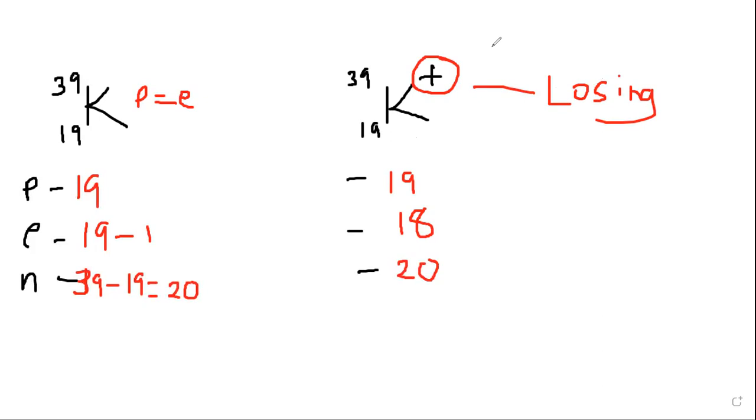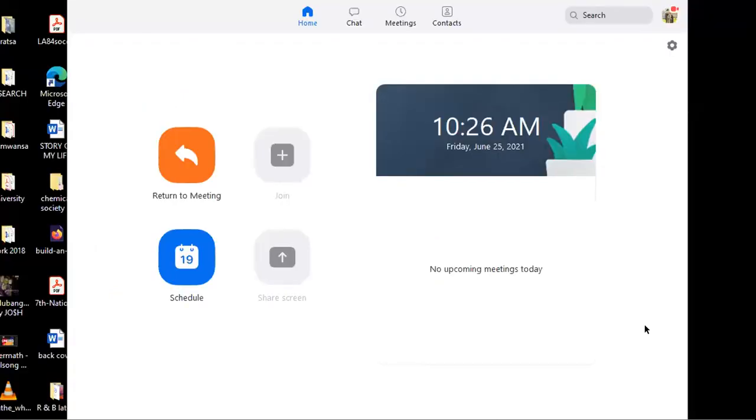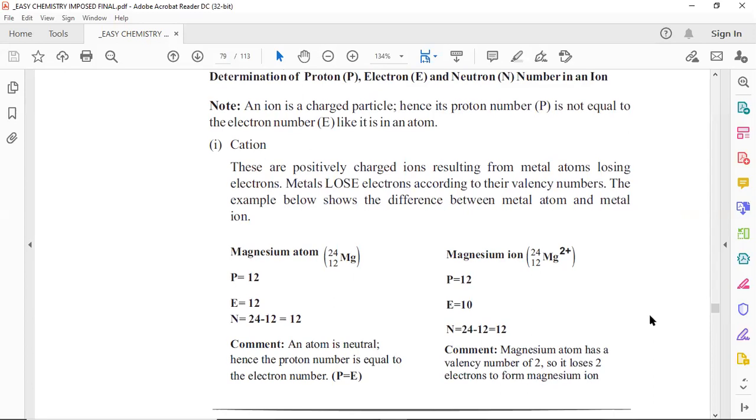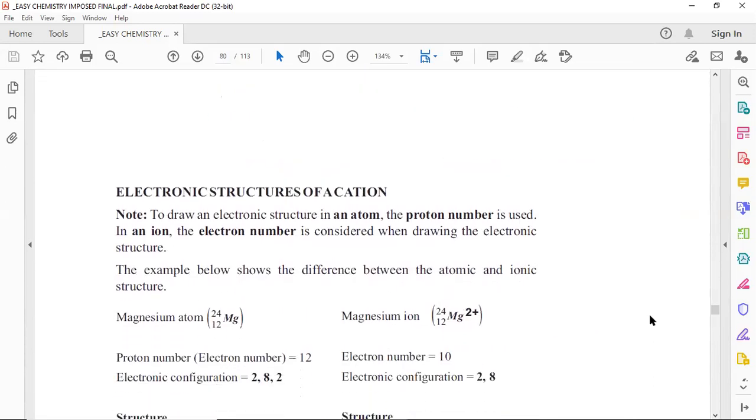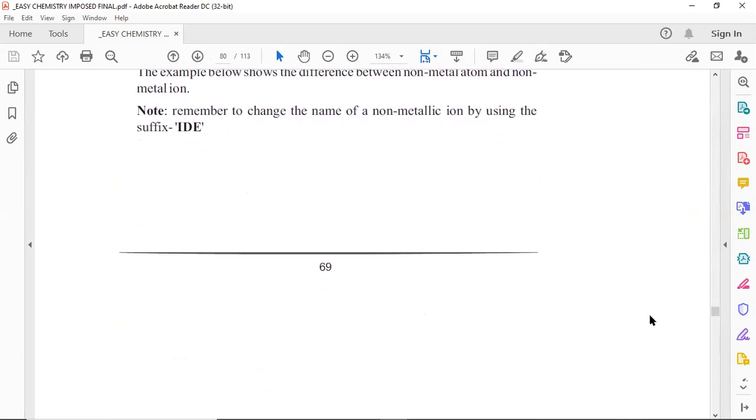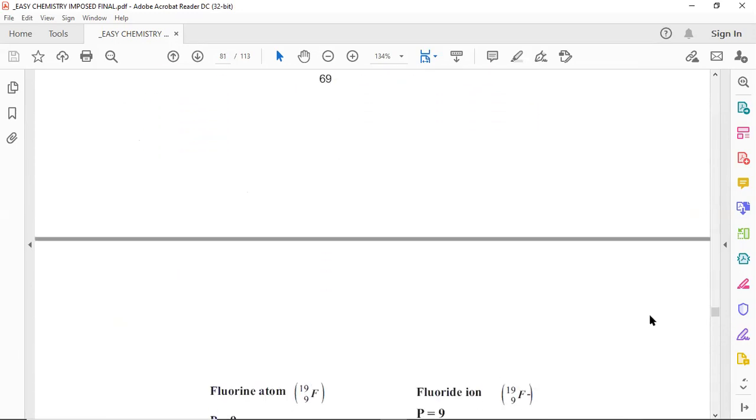Let's look at what happens in an anion. We get back to the book and see what happens in an anion. So that is about a cation. We'll come back to the electronic structures first, I want to finish with the anions.